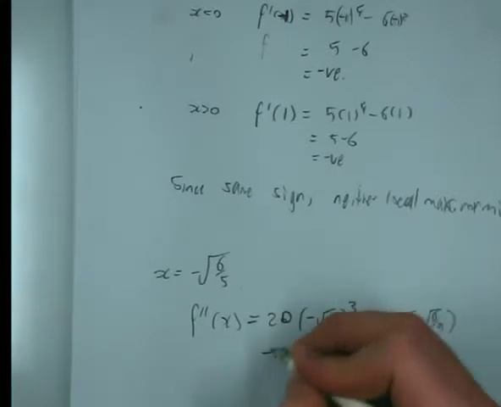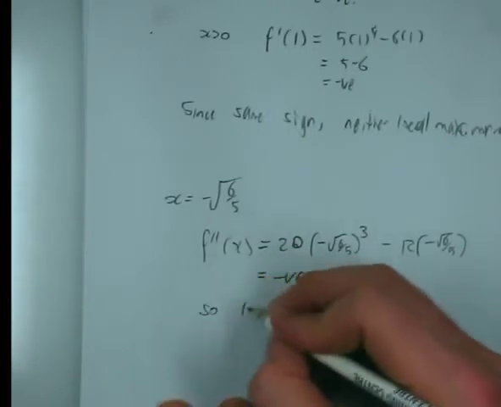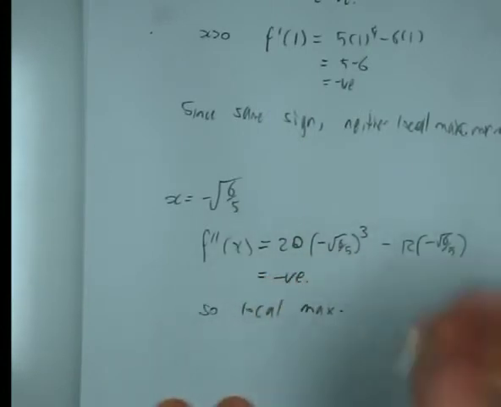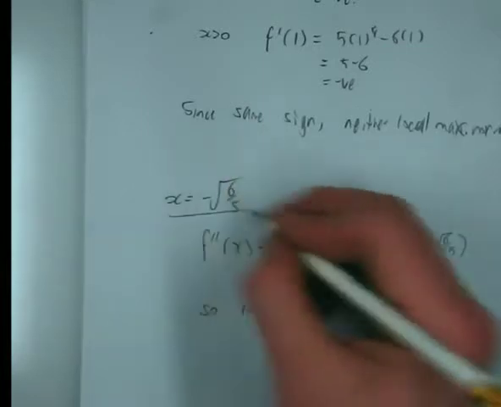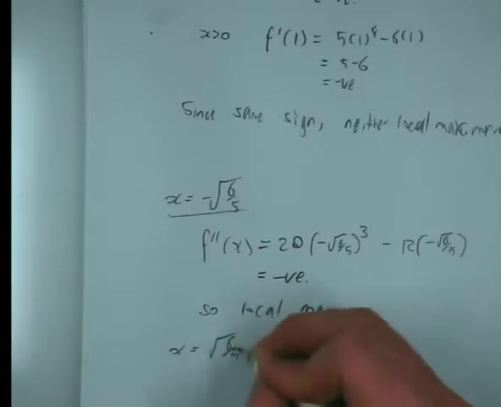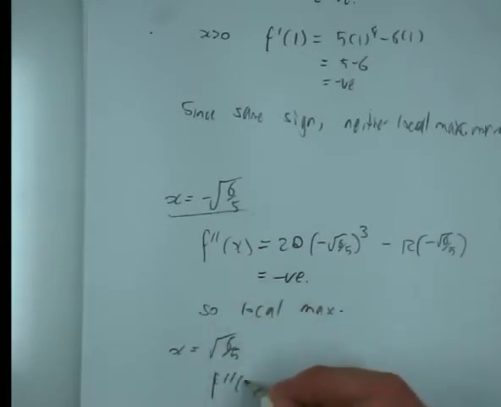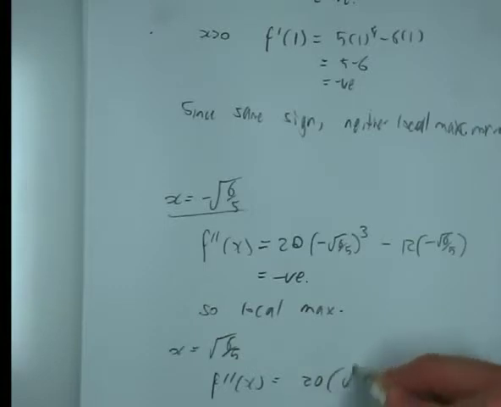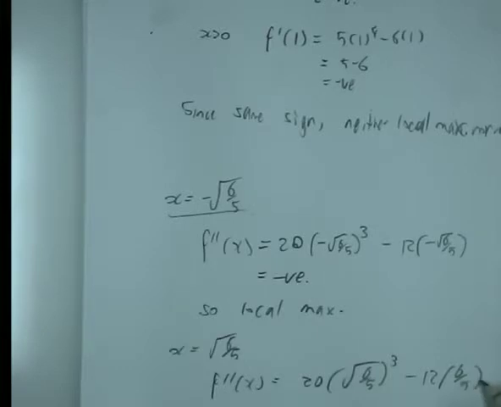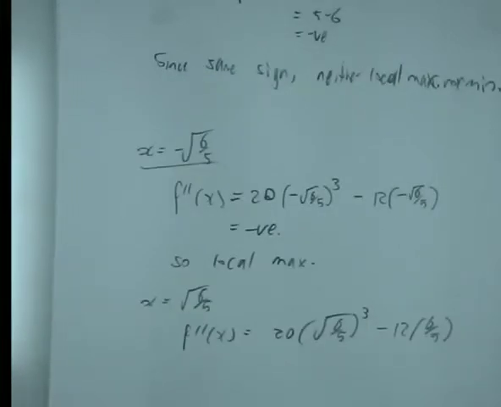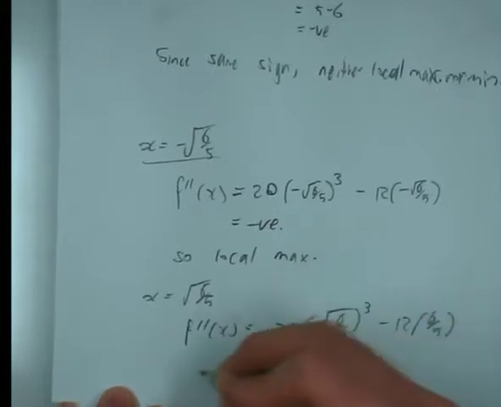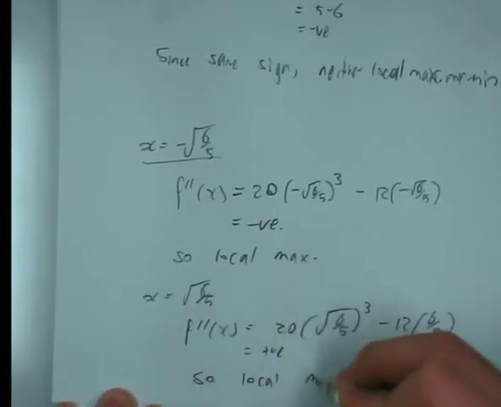Which is negative, so it's a local max. And when x equals plus root 6 on 5, it's going to be positive. So it's a local min.